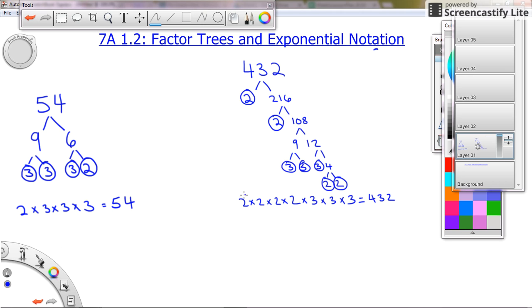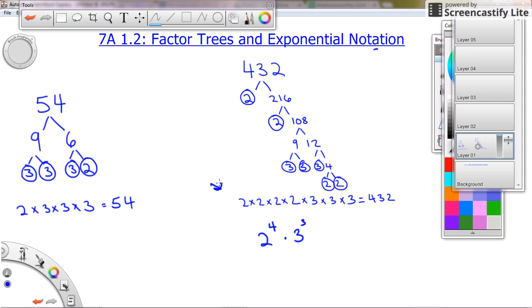I can very easily write 2 times 2 times 2 times 2 in a shorthand way using exponents. So that's going to be 2 to the 4th power. And just like that, 3 times 3 times 3 is going to be 3 to the 3rd power. So all of this right here, I wrote right in this little space. It saves a lot of time.